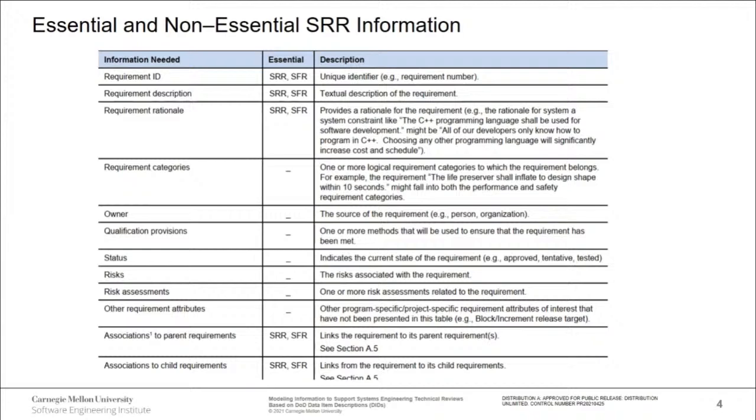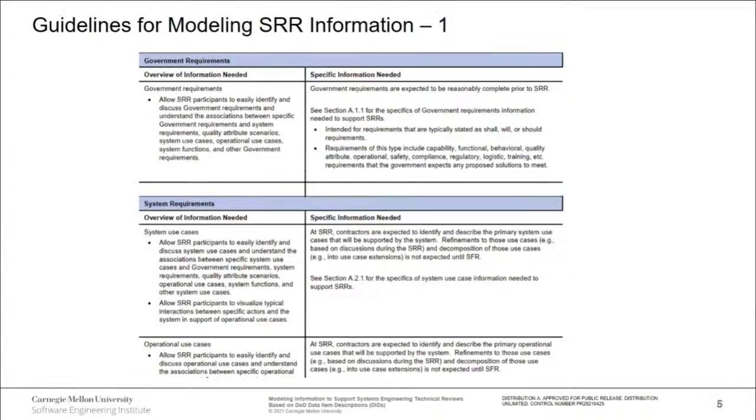Okay. So after we identified essential and nice to have information, then we started to zero in on developing guidelines. Actually, we did the guidelines for both the essential information and eventually we provided some guidelines for the non-essential information.